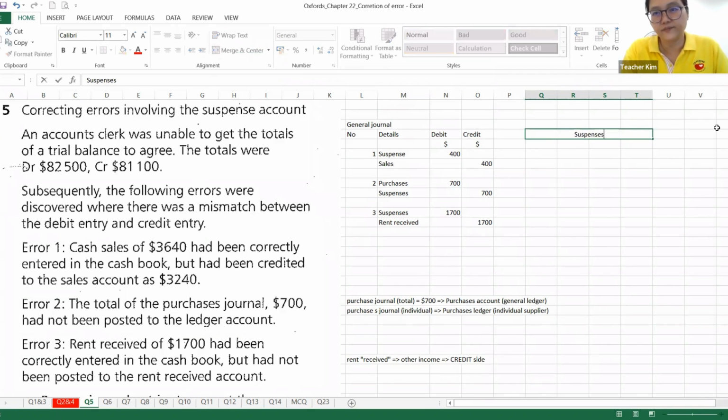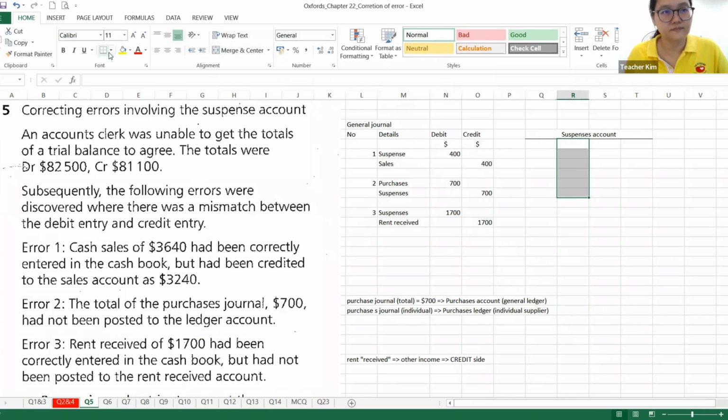Suspense account. Let's see what information we have. First of all, decide first: the debit is more than the credit. That means our balance will now be on the credit side, because you want to balance off the trial balance.